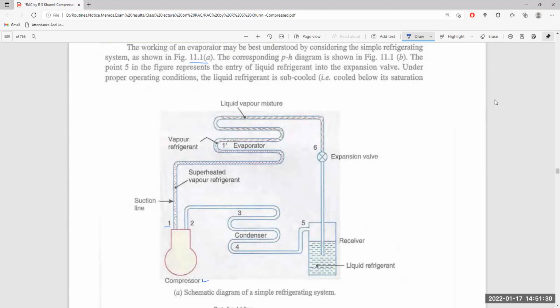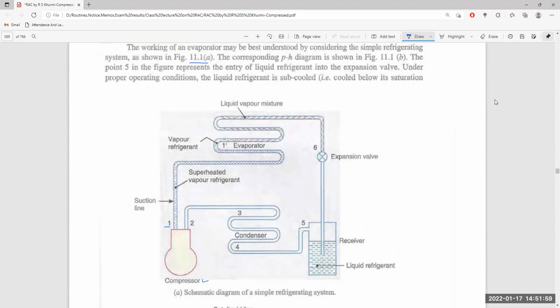From it, the refrigerant is sent to the expansion device, where the high pressure from the compressor is reduced. It becomes a liquid-vapor mixture in the evaporator, where it evaporates and goes back as a superheated vapor to the compressor for being compressed.